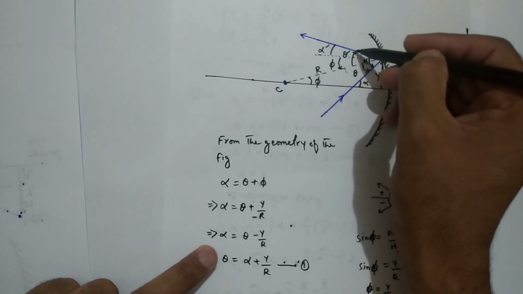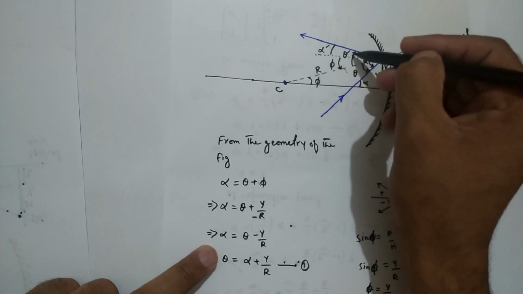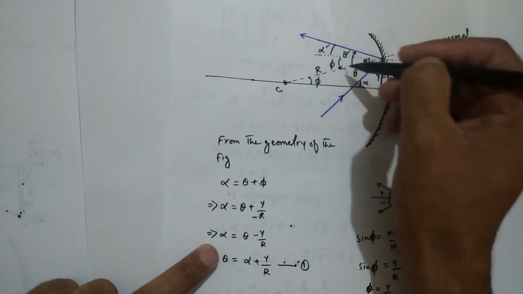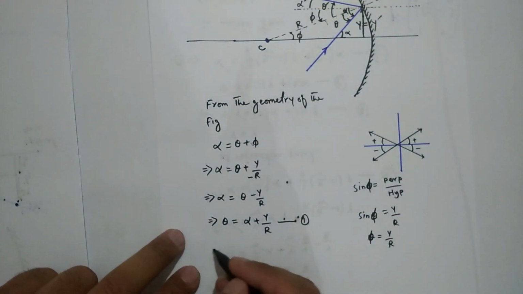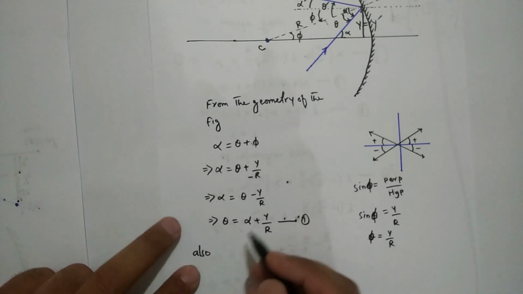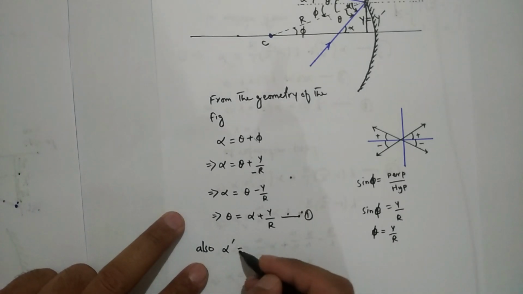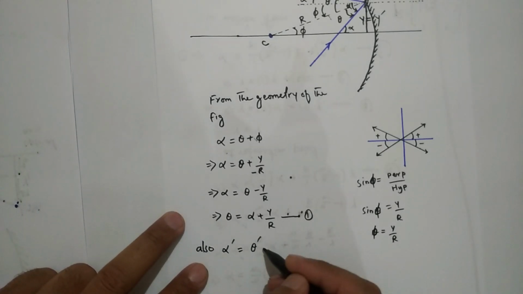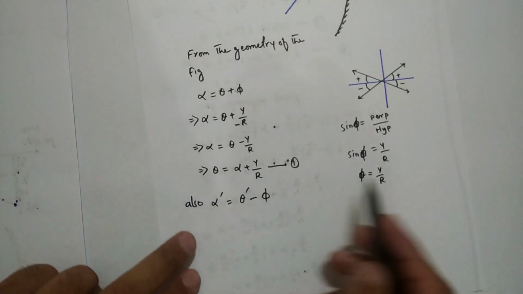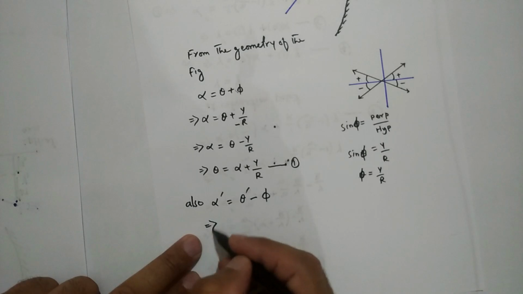This one is theta prime, from the normal to the reflected ray, and this angle is phi. So alpha prime is equal to theta prime minus phi, and phi can be written as y upon r.